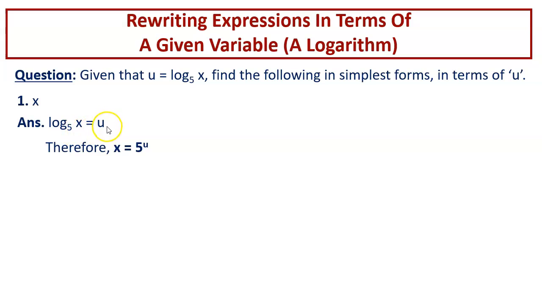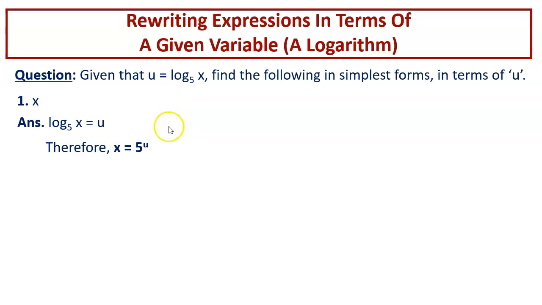5 to the power of u is equal to x, or x is equal to 5 to the power of u. Now you see, in place of u, I could have written 5 to the power of log of x to the base 5. X is indeed equal to 5 to the power of log of x to the base 5, if you have gone through my video on 4 important properties of logarithm. You should be knowing this.